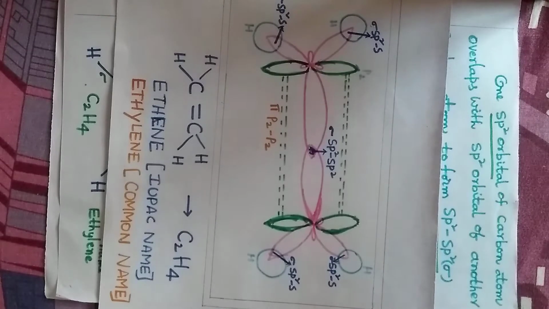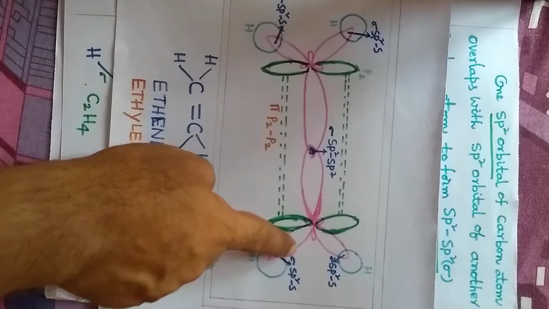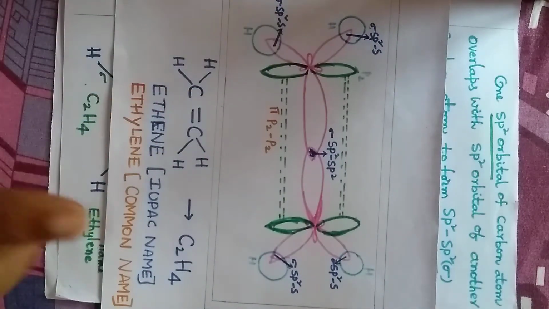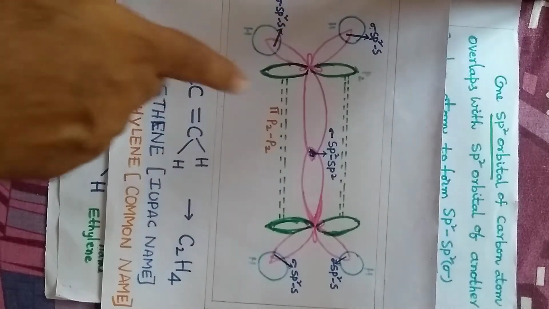So there are 2 sp2 orbitals. These two are the sp2 orbitals of this carbon atom, and these two are the sp2 orbitals of this carbon atom. These overlap with the s orbital of the hydrogen atom.